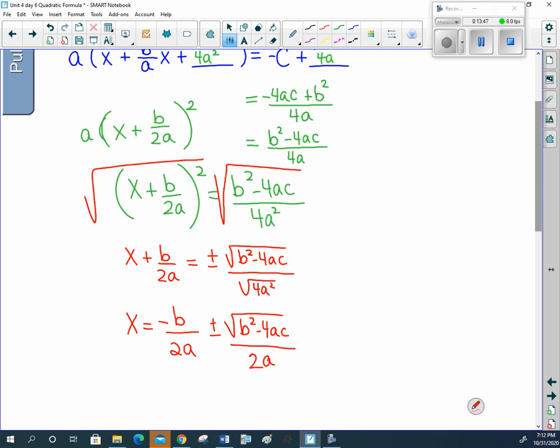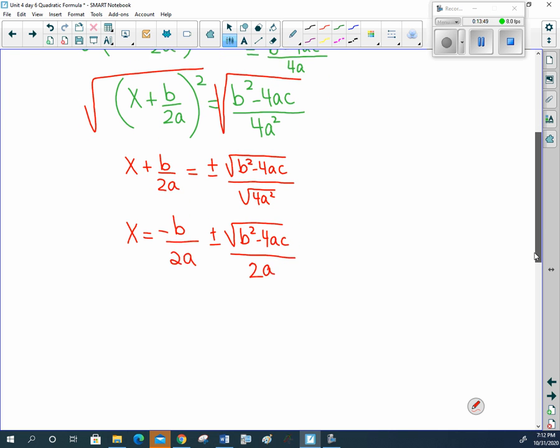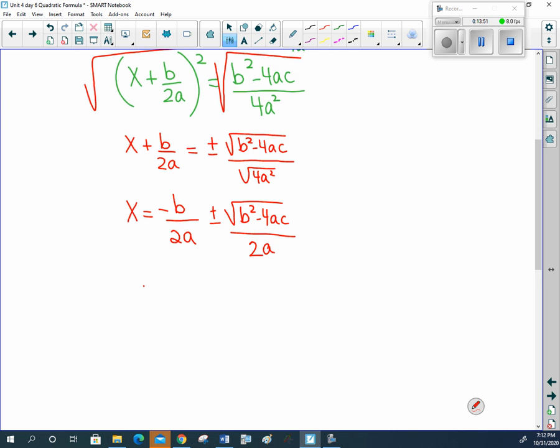Notice I ended up with a common denominator, so I'm going to write that as x equals the opposite of b plus or minus the square root of b squared minus 4ac over 2a. And voila, that is the quadratic formula.